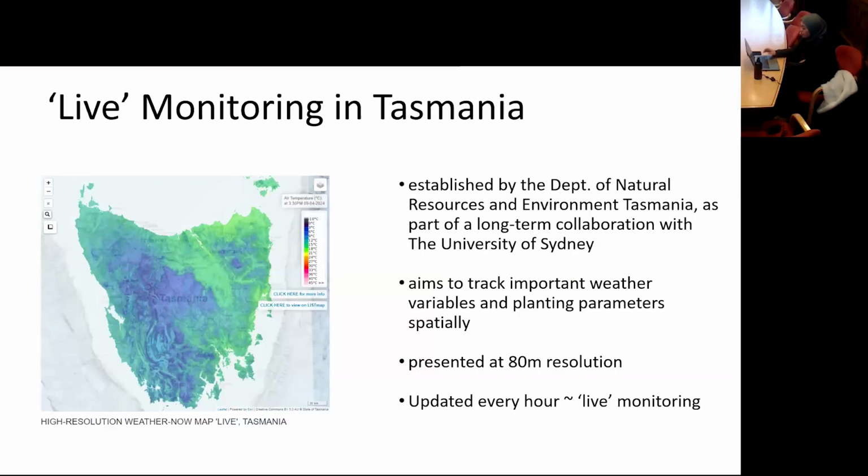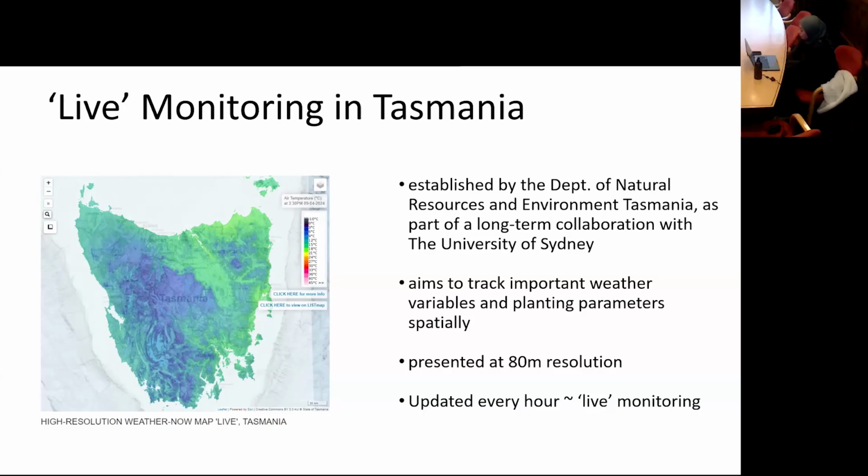Further, Tasmania actually has a live monitoring system for several purposes, established by the Department of Natural Resources and Environment, where Max and Darren are, and it's part of a collaboration with the University of Sydney as well.